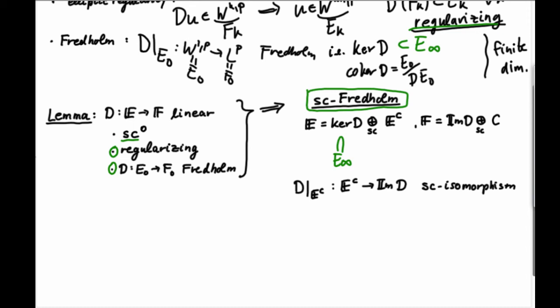So I would like for all k, E_k to be the sum of the kernel that sits in all of these, direct sum with the k level of this sort of scale subspace. So that's sort of the definition of scale direct sum. It should be two scale subspaces, so that you have direct sum on every level.